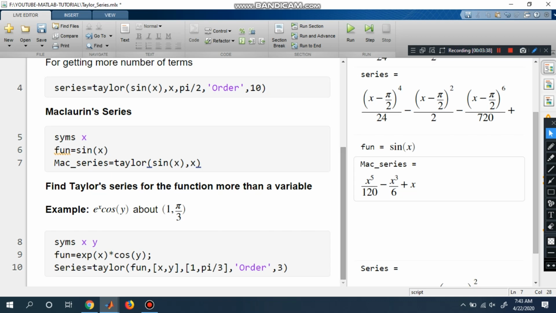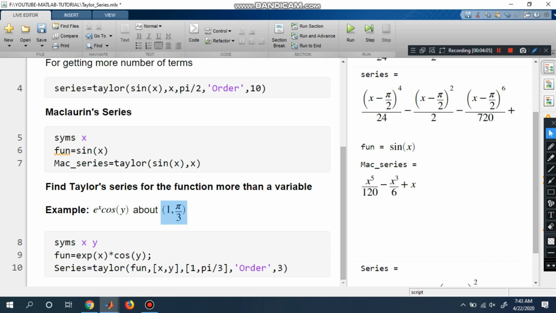Suppose the function is in terms of more than one variable. How do you find the Taylor series? For example, e power x cos y, where the point is 1 comma pi by 3. 1 is related to x and pi by 3 is related to y.